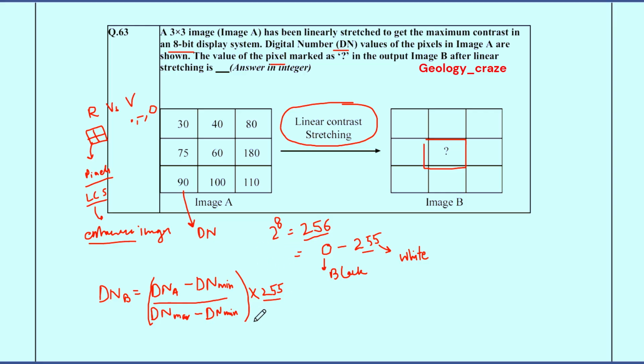Now this is the formula. DN value B is what we are calculating. One more thing: what is the lowest value here? The minimum value is 30, and this is our maximum value.